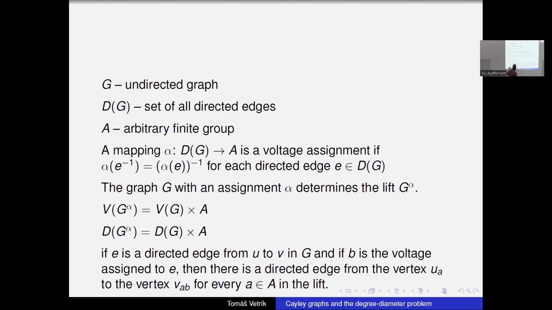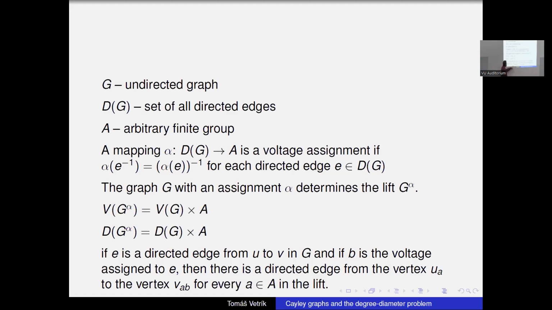And now if E is a directed edge going from U to V in that graph, and B is the voltage assigned, where voltage just means an element of the group. So that group has 5 elements, and each of them for us is called a voltage. We have 5 possible elements which we can assign as voltages, and they are bringing us edges. So if we have U going to V with 0 there, it means we are going from UA to VAB.